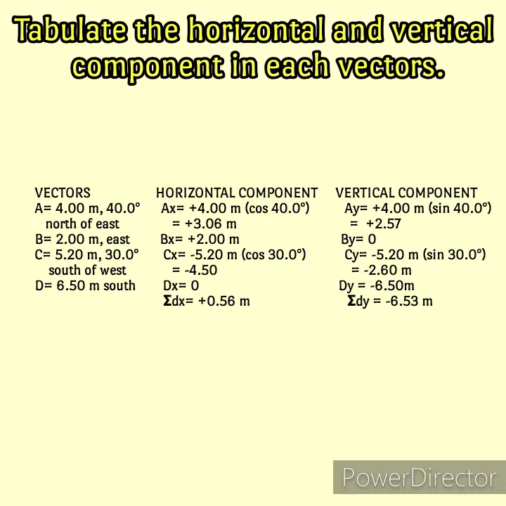And for the last vector, vector D, 6.5 meters going to the south. Based on the given, there is no horizontal component. Therefore, it must be equal to 0. Now, you will be encoding these values into your calculator.